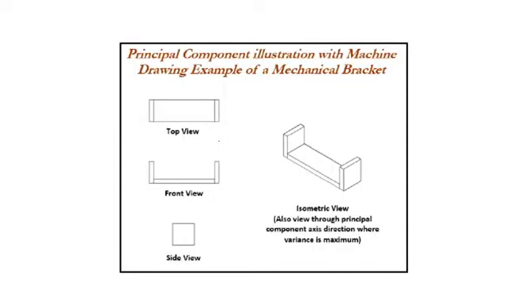So let's take this example. I have one 3D object, a mechanical bracket, which has length, width, and height, right? Now let's suppose I have to take a picture of this particular product. If I take a picture from the top, I will only get a top view, not all the details. If I take the front view, I will lose certain information. If I take the side view, I'll get only the side view.